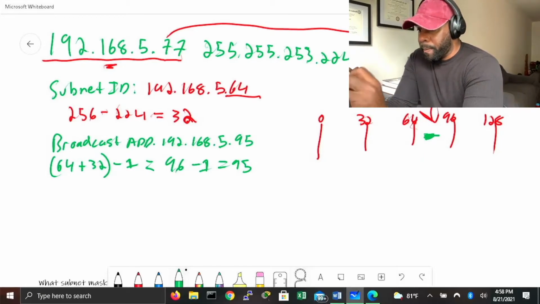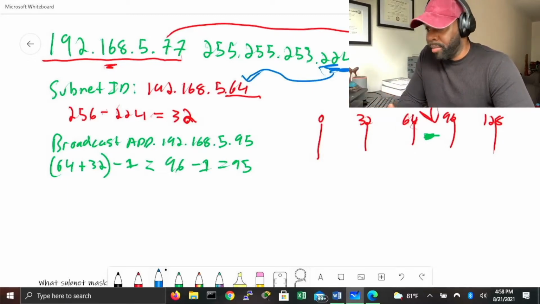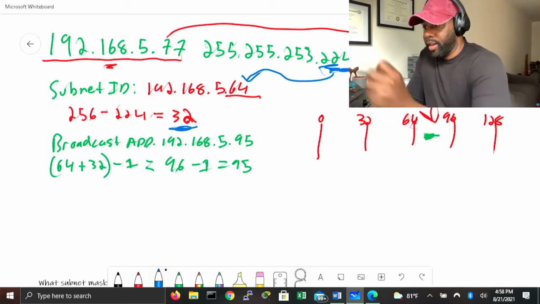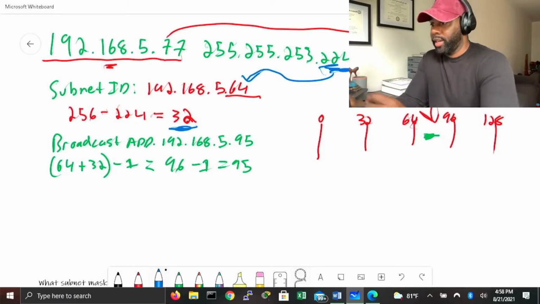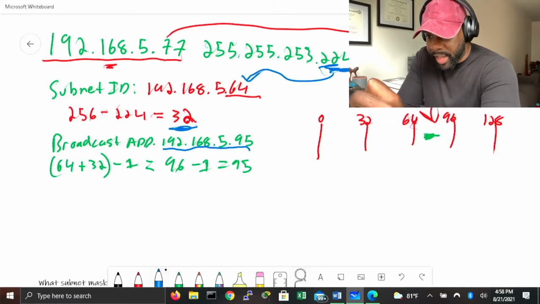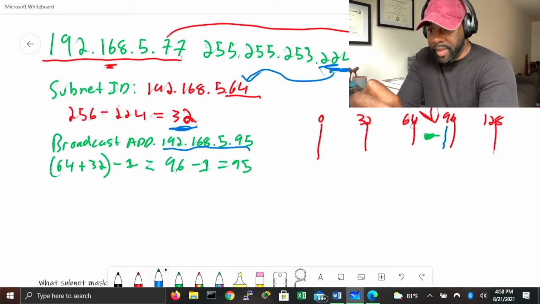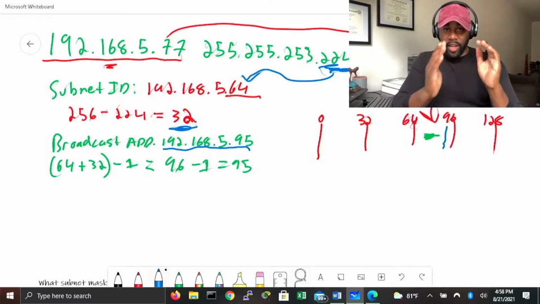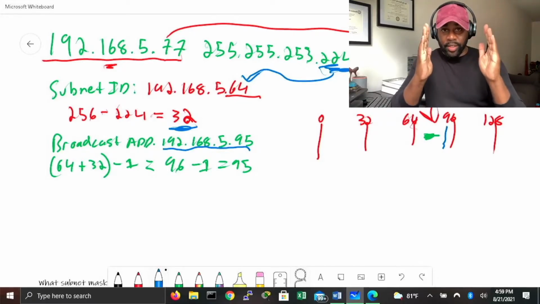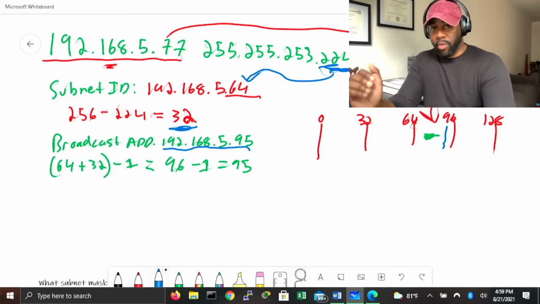We use wherever this interesting octet is, add to it the group size, or the magic number that we calculated, and then subtract 1. That gives us our broadcast address, and that broadcast address is the end of the subnet. Remember I told you it's like having borders: you've got the subnet ID, then the broadcast address, and right after that the next subnet starts.